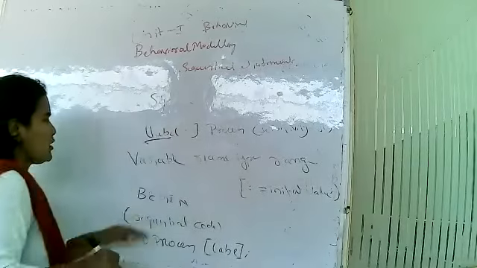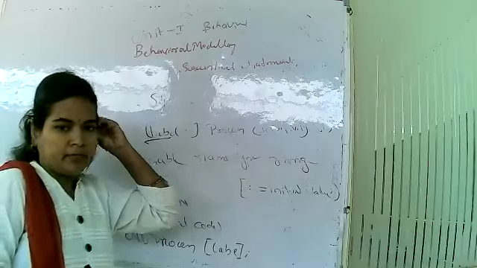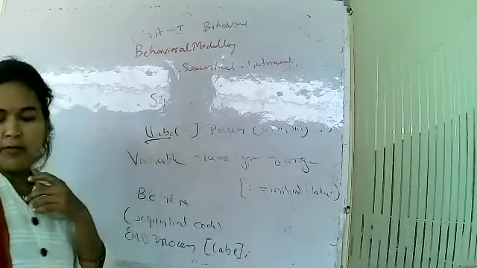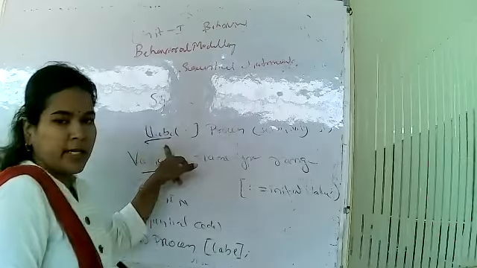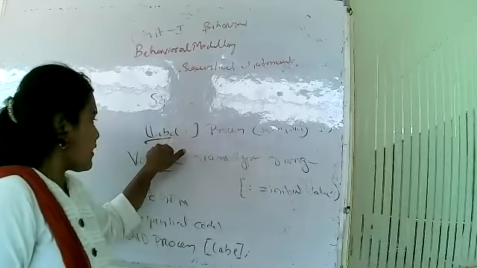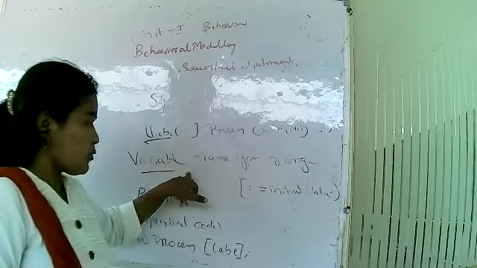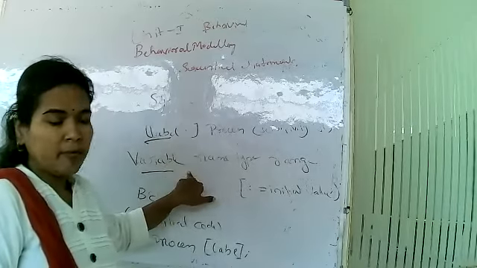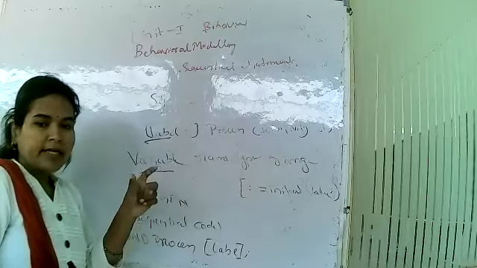Here the label is what? Optional. It is not compulsory that you have to write the label. And next, listen carefully, the variable is also optional. You may write it or you may not write it. Second thing is the variable is declared in the declarative part before the begin.